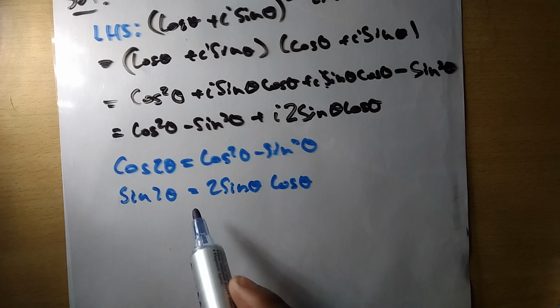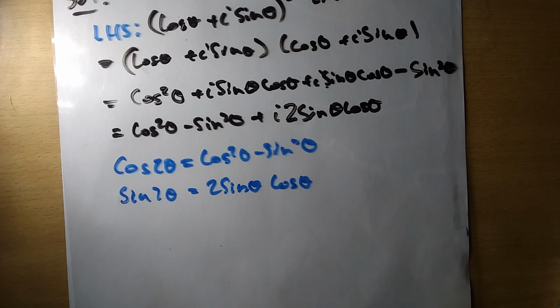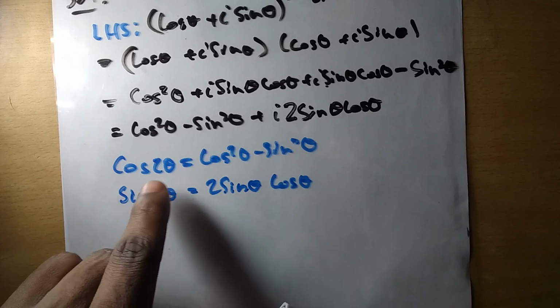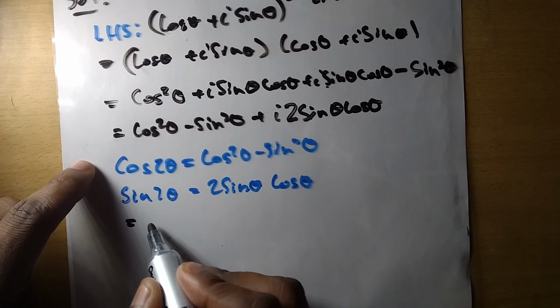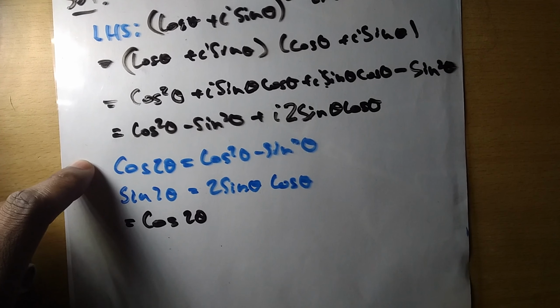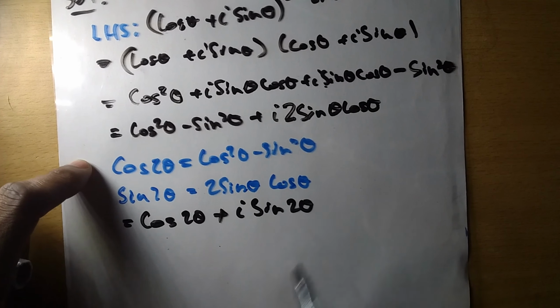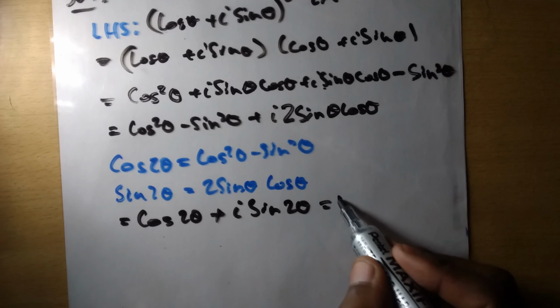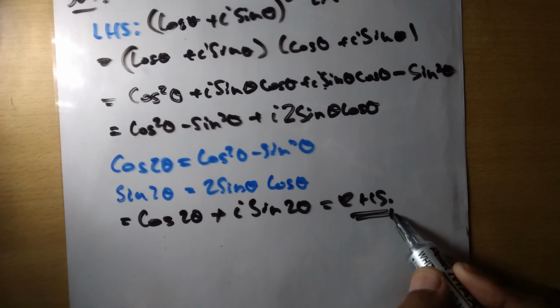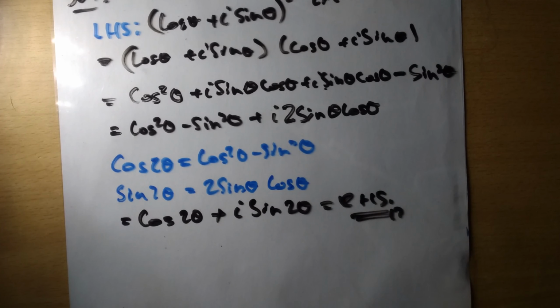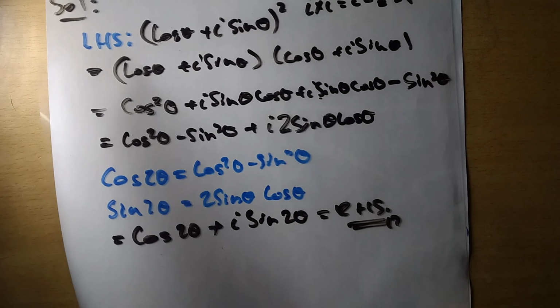Both of these trigonometric identities are present there, so we can replace them. You're going to have cos of 2 theta plus I sine of 2 theta, which is equal to our right hand side. There is nothing which I believe might be hard about proving this question.